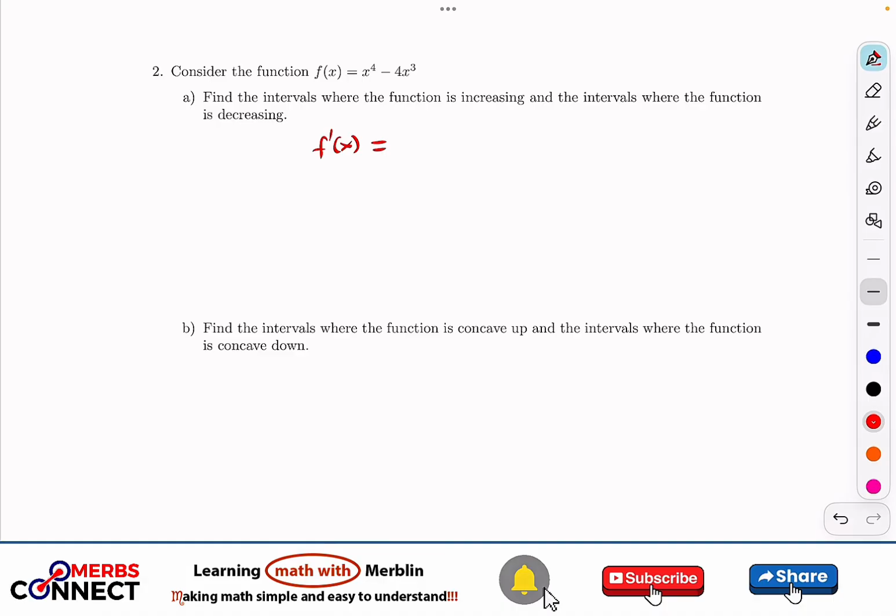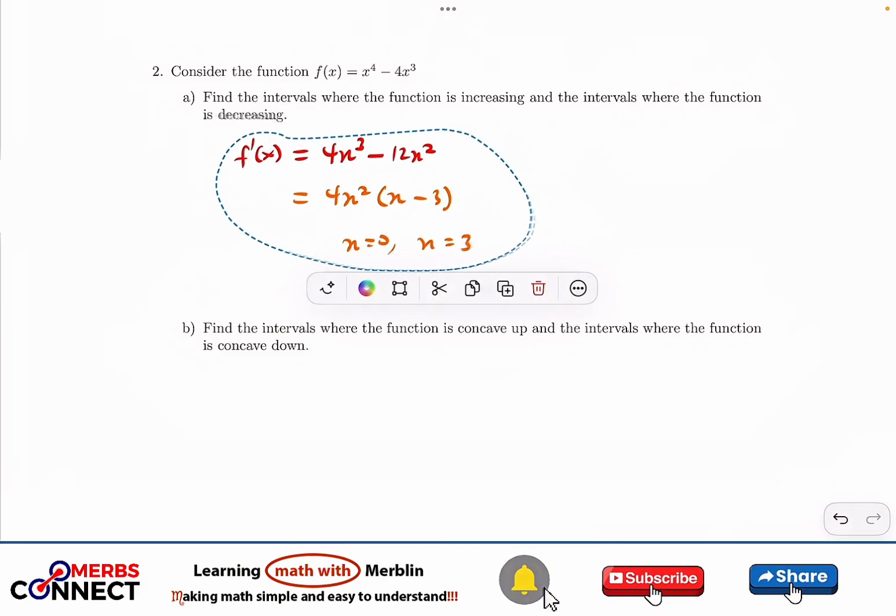So f prime here will be 4x to the power 3 minus 12x squared. Now let's try and simplify this. I can factor 4x squared out, so I'm going to have x minus 3. So now we can see that when x is 0 and when x is 3, we have our critical points.